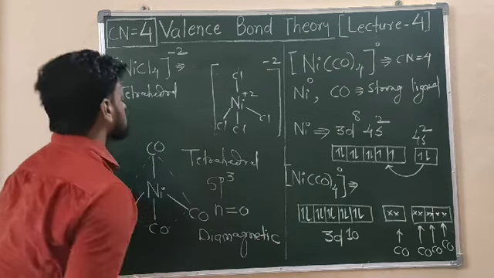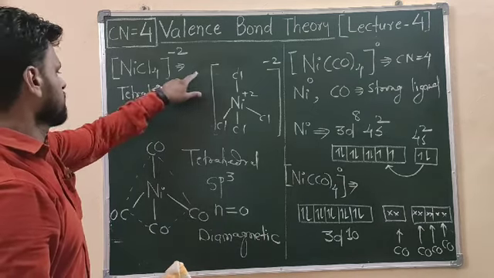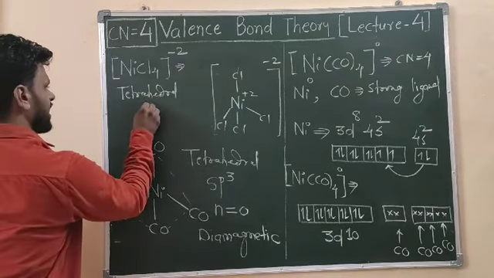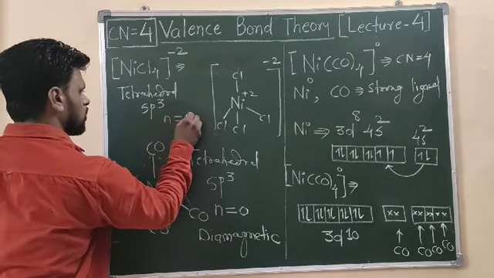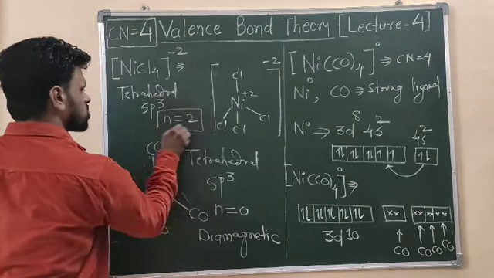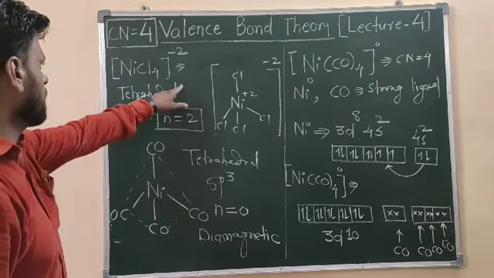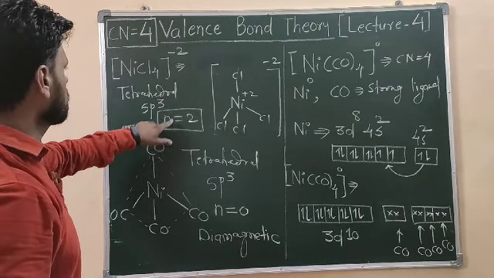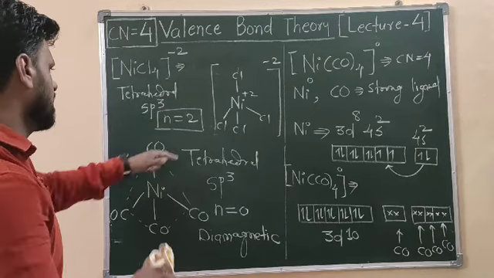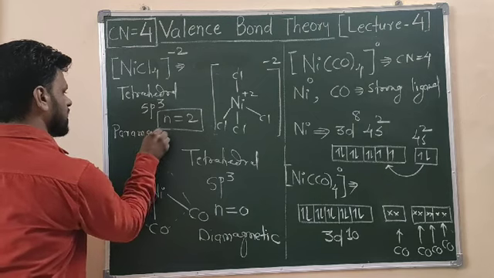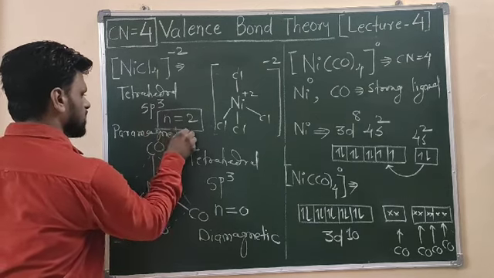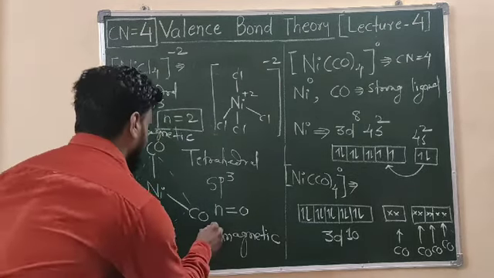The first complex had sp3 hybridization and had n equal to 2, so that complex was paramagnetic in nature. The tetracarbonyl nickel is a diamagnetic complex.